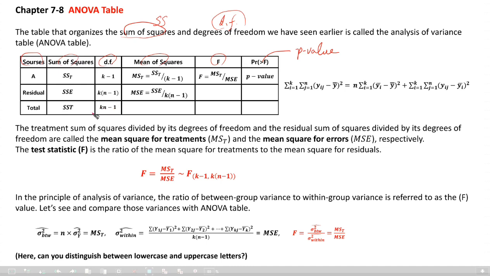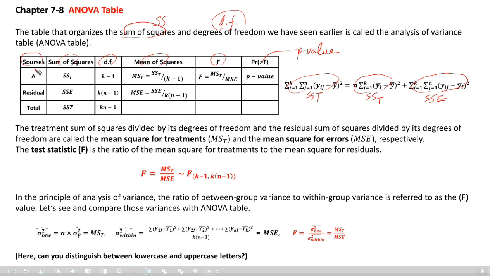Sum of squares: total sum of squares, treatment sum of squares, residual sum of squares, say SST, SS treatment, SS error, or residual. Each of them has degrees of freedom.